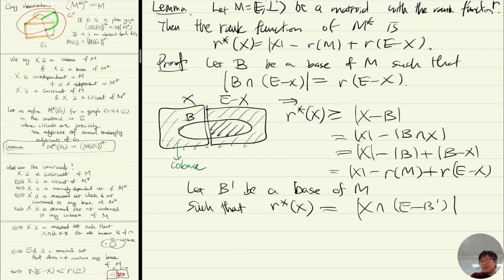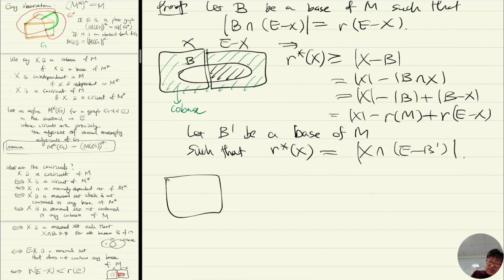Okay? So again, same picture, but this is B prime. Now, we chose that this is the same as the rank of X in the dual.